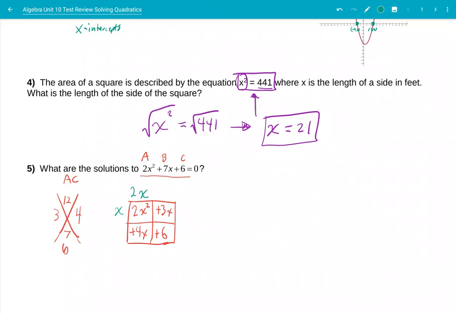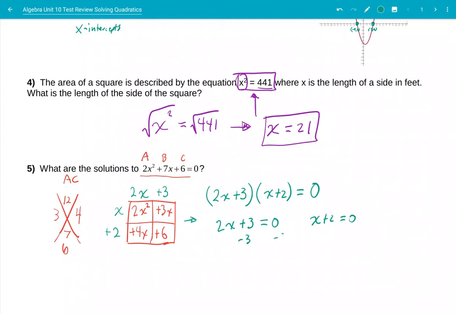Then 2 times 2 gives me 4, 2x times 2 gives me 4x, and 2 times a positive 3 gives me 6. So there's my factors: 2x plus 3 times x plus 2 equals 0. Now I've changed this from standard form into factored form. And then all I have to do is solve for x for both of these.